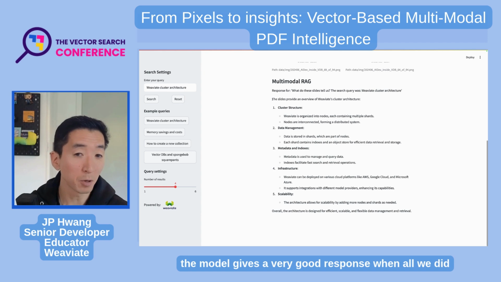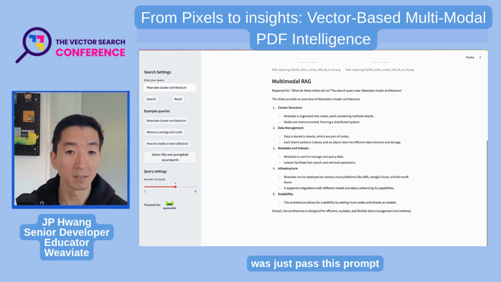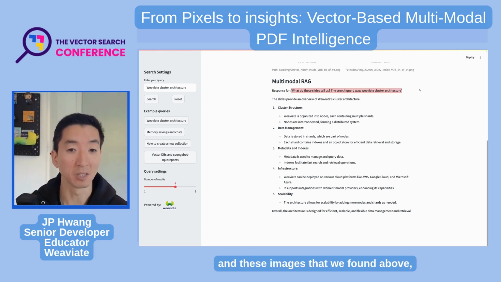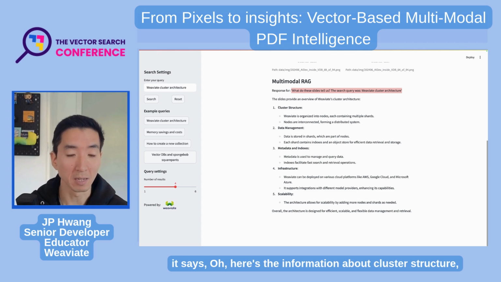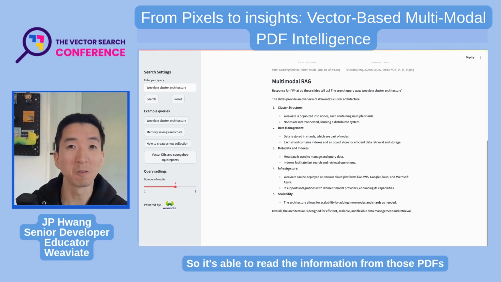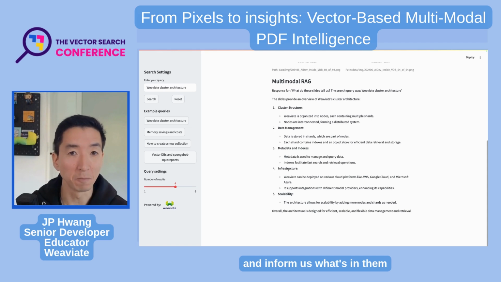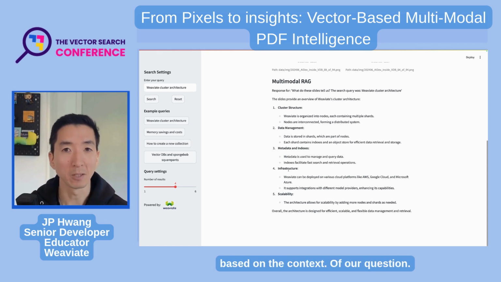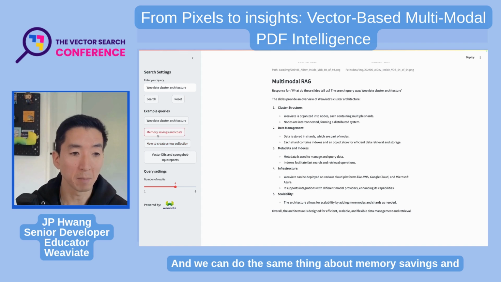The model gives a very good response when all we did was pass this prompt and the images that we found above. It says, here's the information about cluster structure, data management, metadata, and so on. So it's able to read the information from those PDFs and inform us what's in them based on the context of our question.